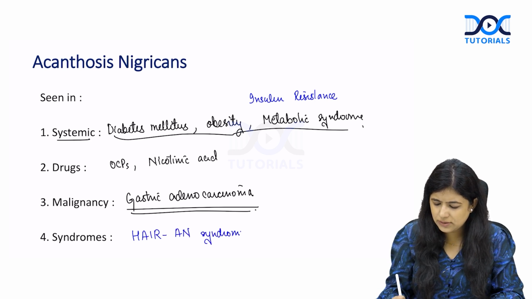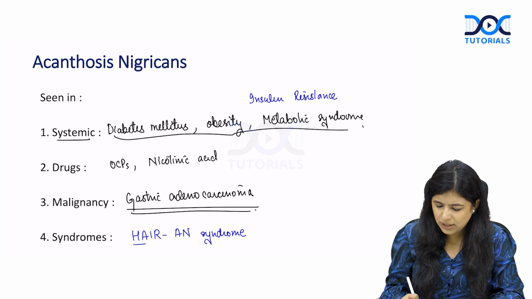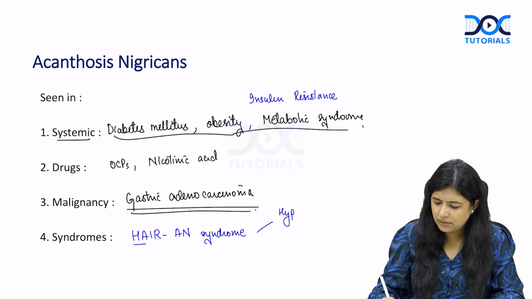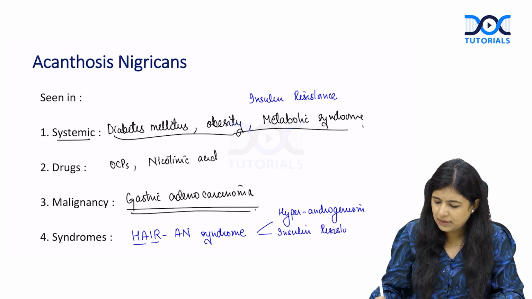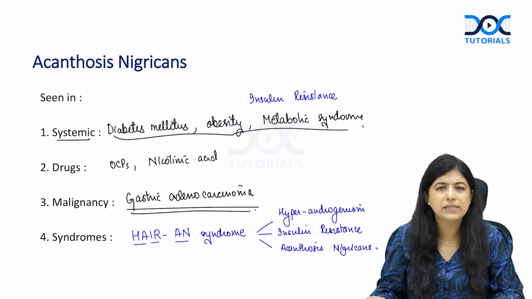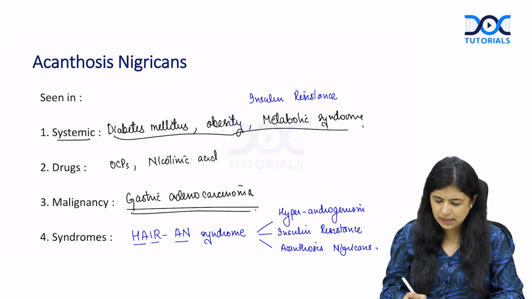This is a NEET PG 2021 question where HA stands for hyperandrogenism, IR is insulin resistance, and AN is Acanthosis nigricans. So an important syndrome that's associated with Acanthosis nigricans is HAIR-AN syndrome.